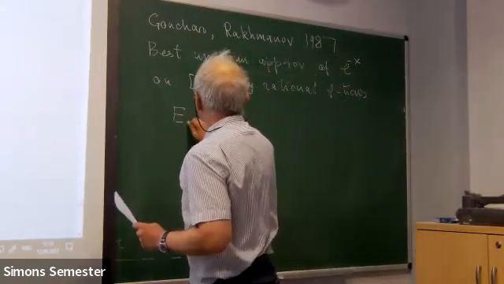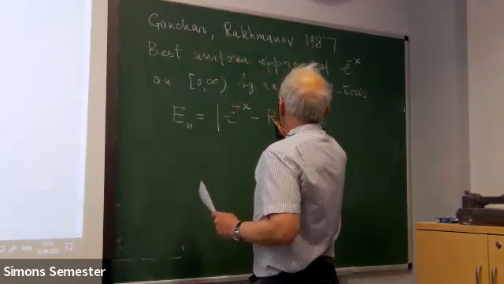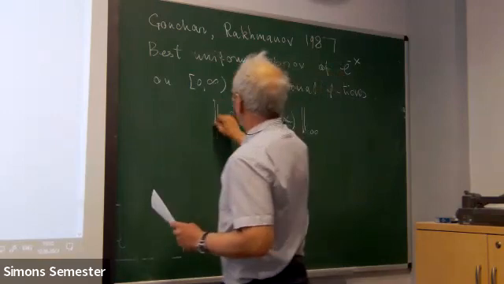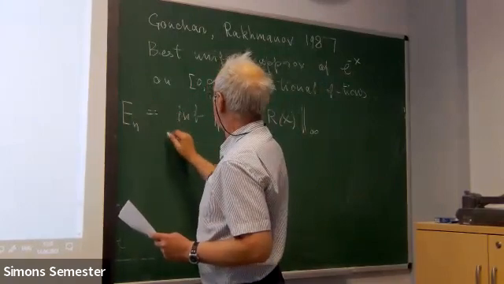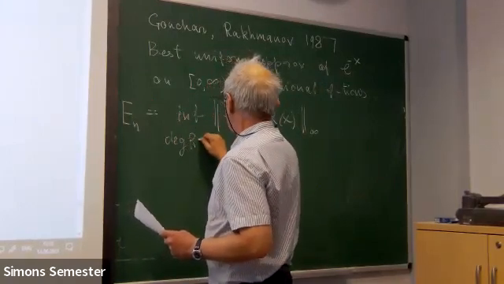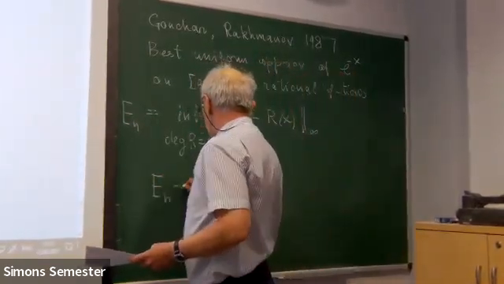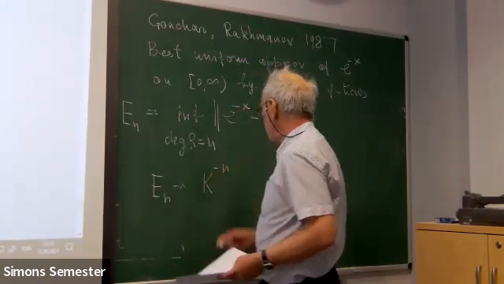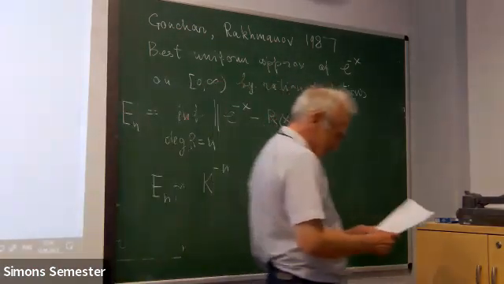If the error of approximation is En, then it turns out that En is asymptotically like a geometric progression, where K is the same constant. This equation.